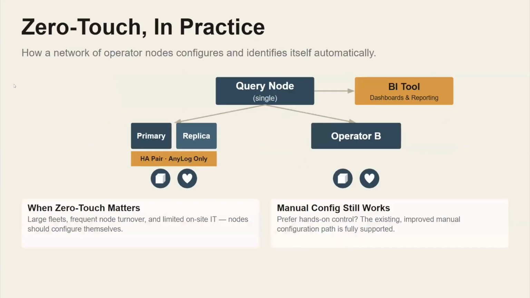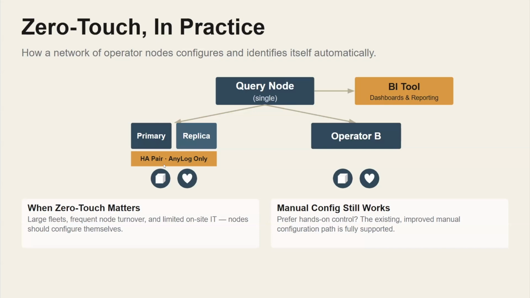So what does this all mean in practice? You have your operator nodes, and you can have 2, 10, however many operator nodes you want. They receive data, either from devices and sensors or the health of the machine, which we actually support as another feature we added.